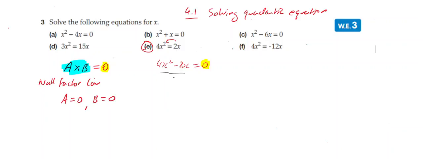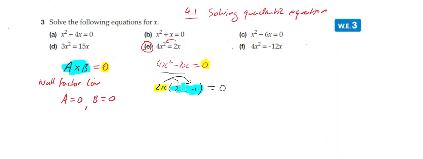So let's factorize this. We've got 2x times (2x minus 1). Like I said, always double check that when you expand it, you get what you factorized. 2x times 2x is 4x squared. 2x times -1 is -2x. Great, we've factorized it correctly. Now we've got two factors multiplied together equal to 0, which is what we're after.